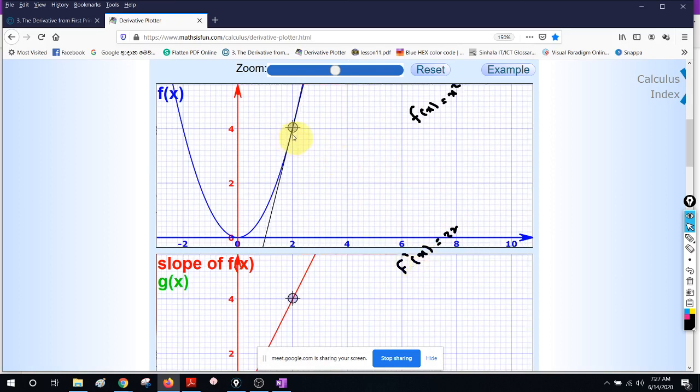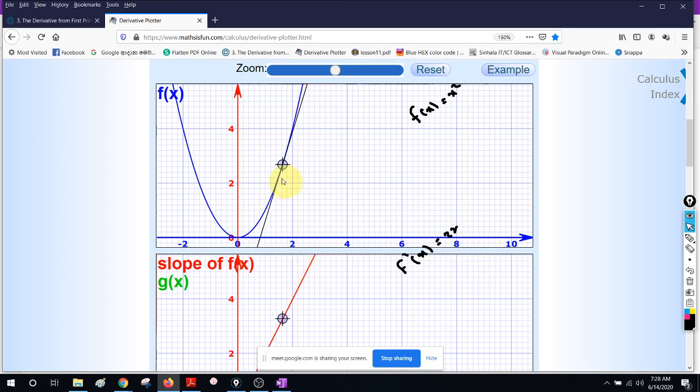I will not substitute 4 into the original function, I will substitute 4 into the derivative. That means 4 times 2 is 8. So at x equal to 2, the rate of change is 4, because 2 times 2 is 4.